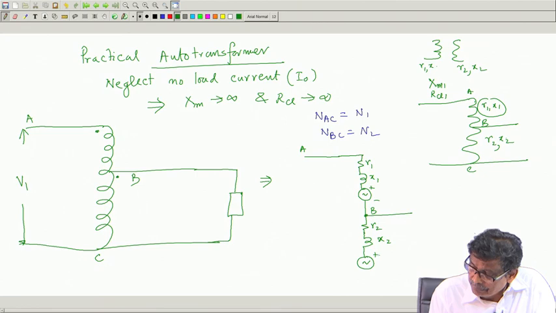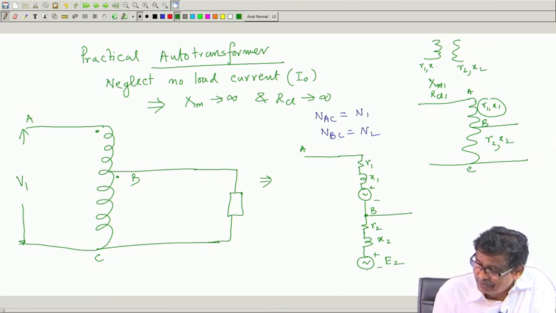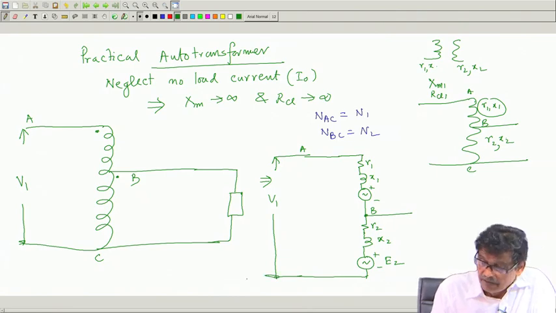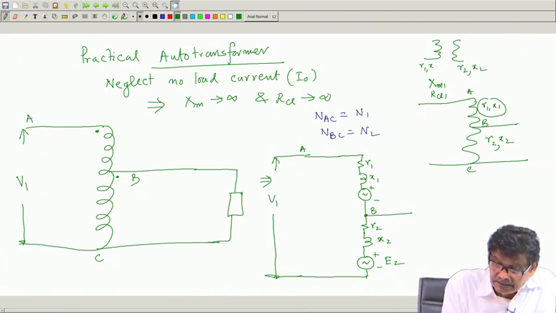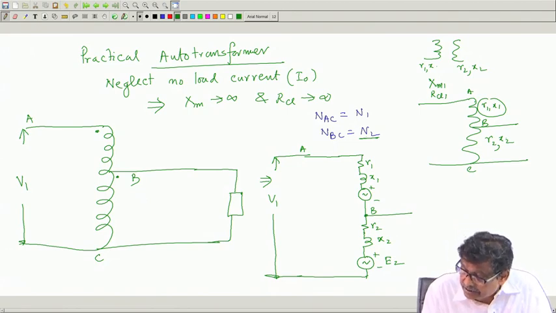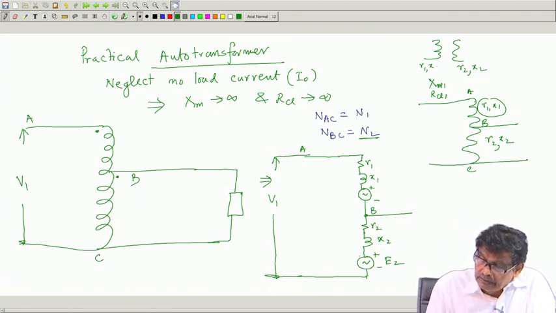This induced EMF I can write as E 2, no problem. Why? Because this is the voltage you have applied, flux is same. So, voltage induced in N B C is N 2, so 4.44 A phi max N 2. So, this is the induced voltage correctly I have drawn.